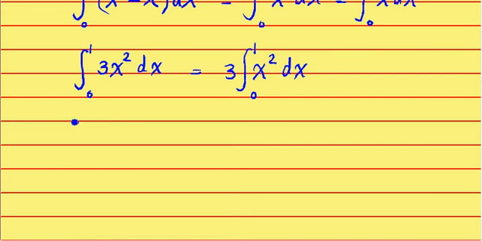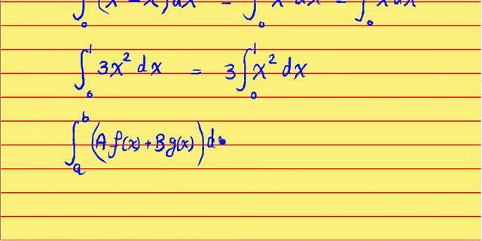The general statement of linearity is like this. If you are integrating from a to b and you have two functions, say f of x and another one, say g of x, and you want to multiply this one by a and multiply that one by b and add or subtract, then integrate, you are free to perform it in this way if you wish.